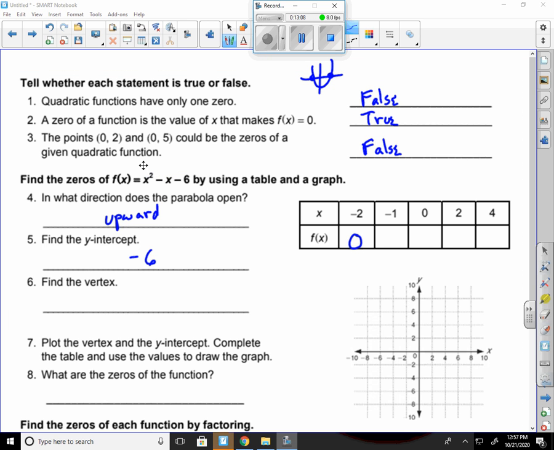Now plug a negative 1 in. Negative 1 squared is 1 minus a negative 1 minus 6. Negative 1 squared is 1 minus a negative 1 is plus 1 minus 6 gives me negative 4.